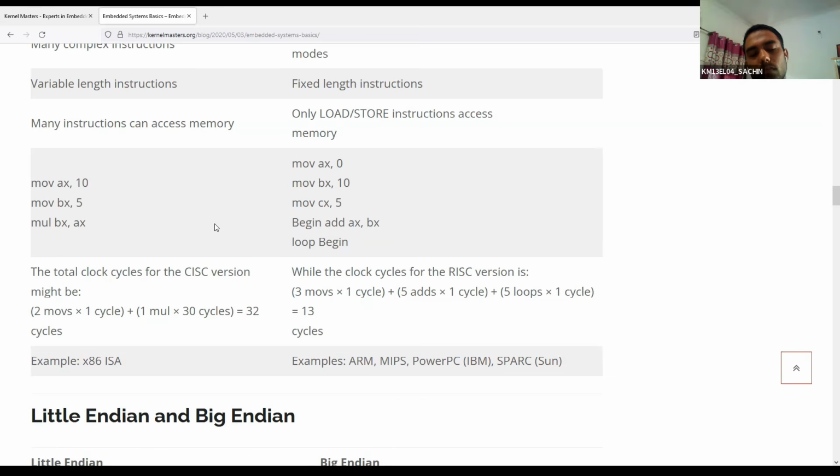Intel i3, i5, i7, all the Intel microprocessors are also called x86. Why x86? Because from 8086 onwards. I told 8085, next 8086. From 8086 onwards, all architectures follow the 8086 principle only.